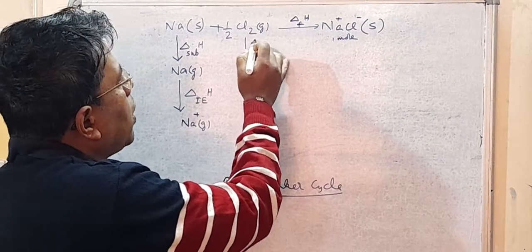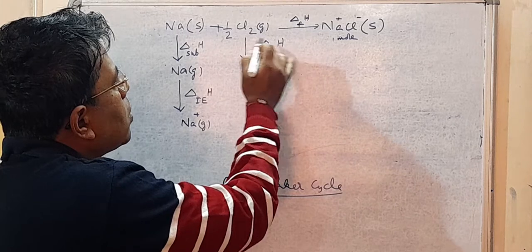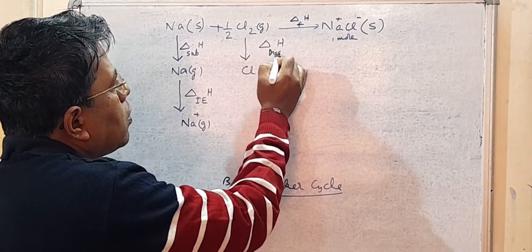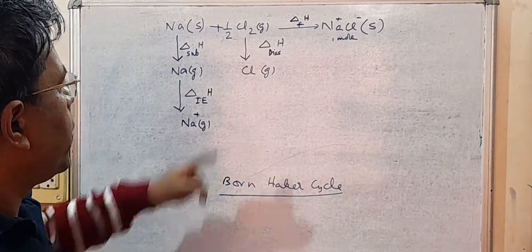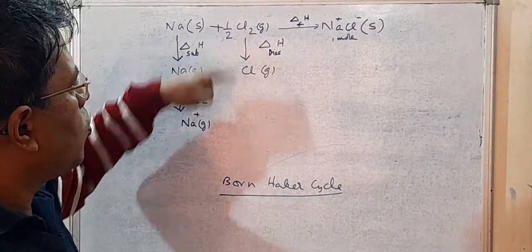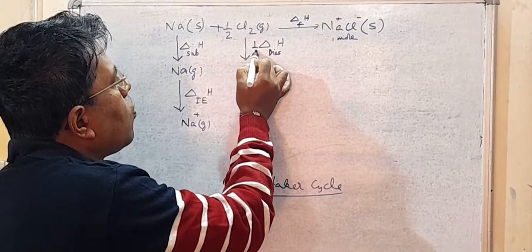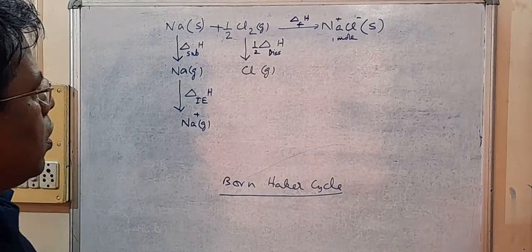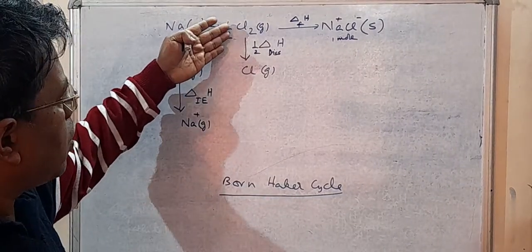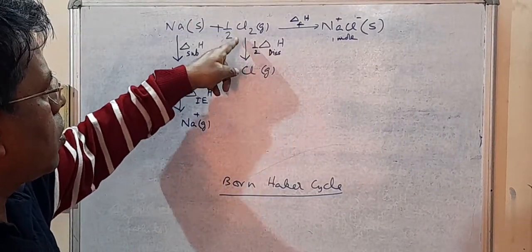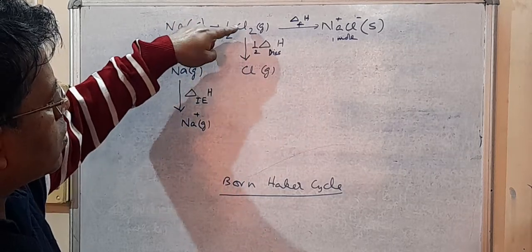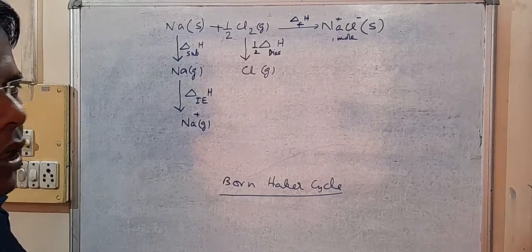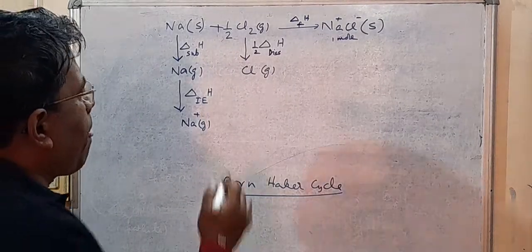And what will be the enthalpy involved? It is dissociation enthalpy. And since here half mole is involved, half of the dissociation enthalpy will be involved. Since molecule to atom is formed, it is also called enthalpy of atomization.